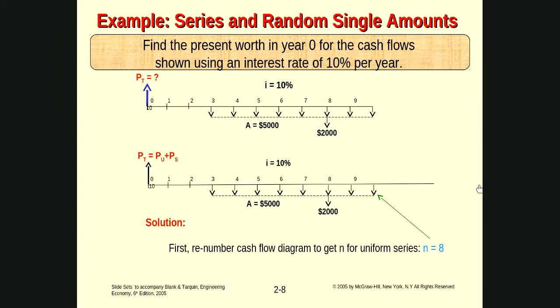I want you to write the bracket for the 2000. We want to convert the 2000 to year 0.